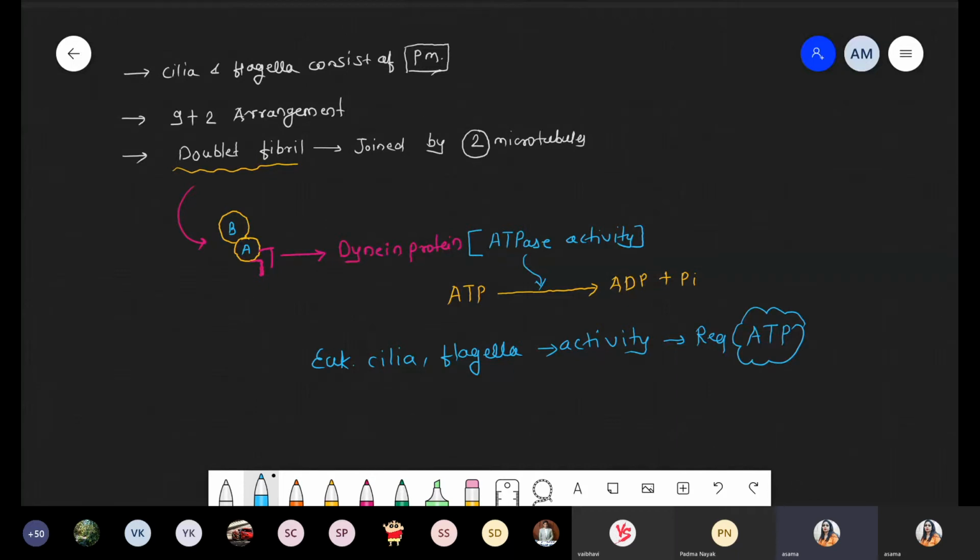ATP undergoes hydrolysis, and after the hydrolysis ADP and inorganic phosphate are released. It means that for the movement of flagella and cilia, whether circulation, feeding or locomotion, they require energy in the form of ATP. If energy is not available, it doesn't show locomotion. Is this point clear, everyone?